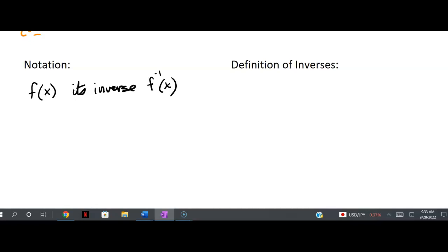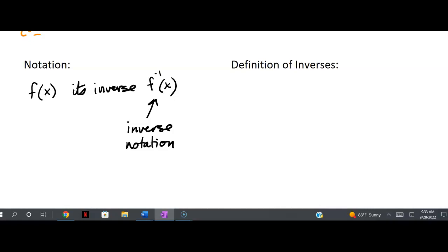That is the inverse notation. It's not an exponent. It looks like an exponent, but it is a superscript, but it's not an exponent. It's representing the inverse of the function f. So when we talk about functions and their inverses, we're talking about two things. We have the original function, and then we have its inverse.